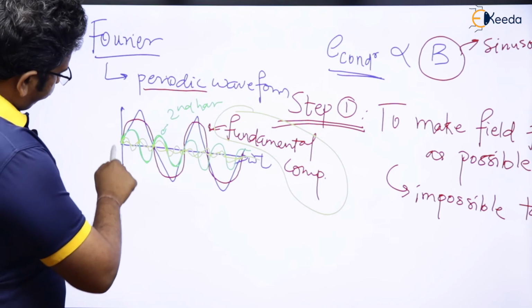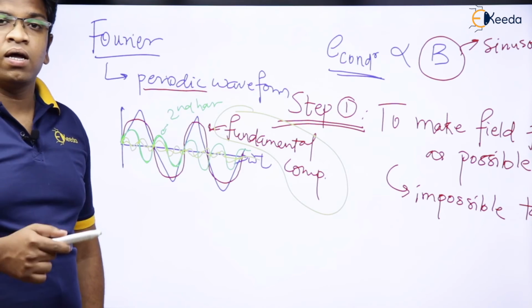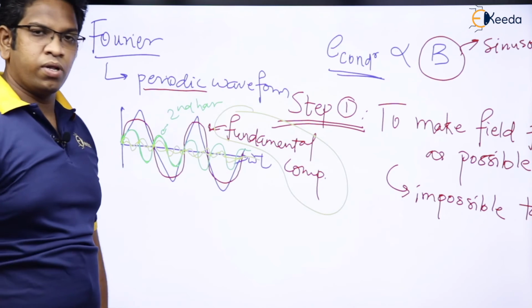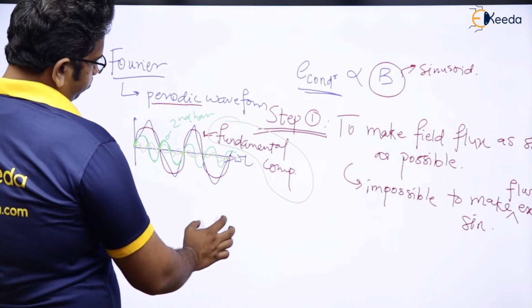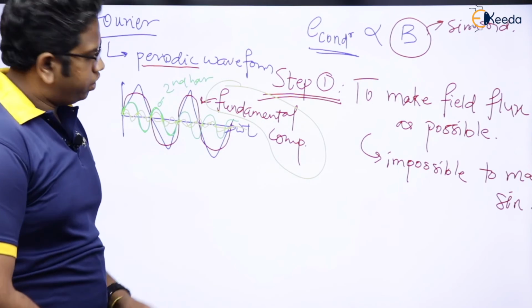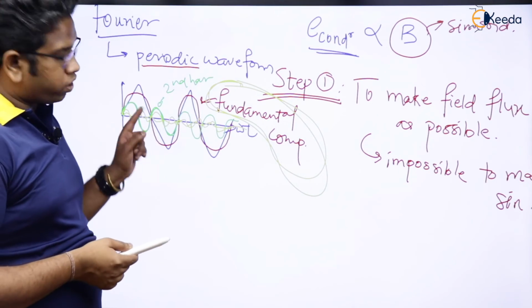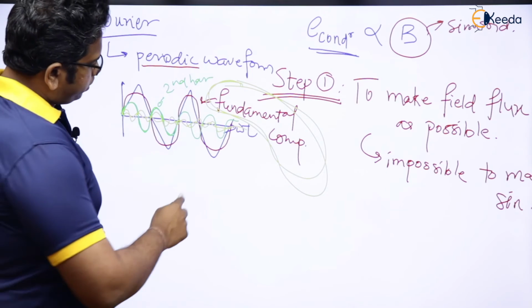These are also sinusoids only, but the frequency is multiples of the fundamental component. Anyways, see here, we want only the fundamental component, but at the same time we have some other frequency components as well, which are called harmonics.